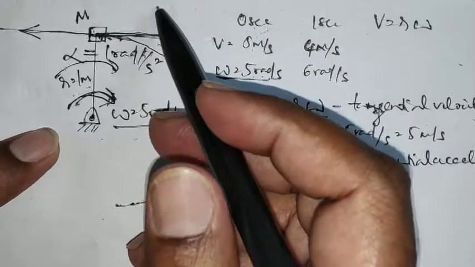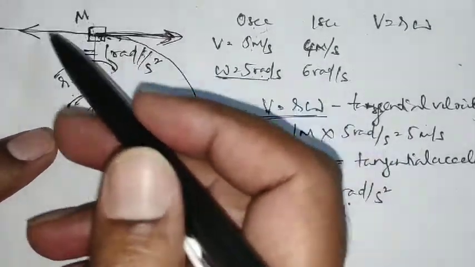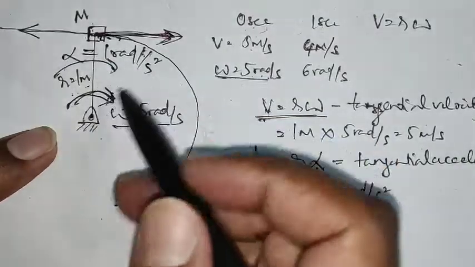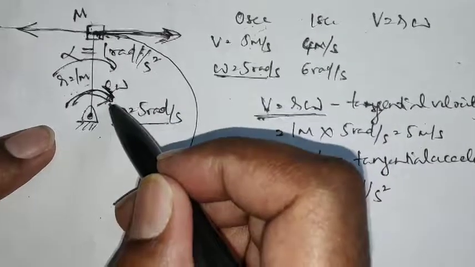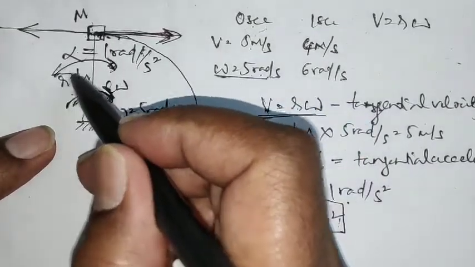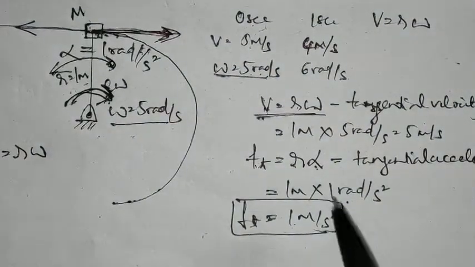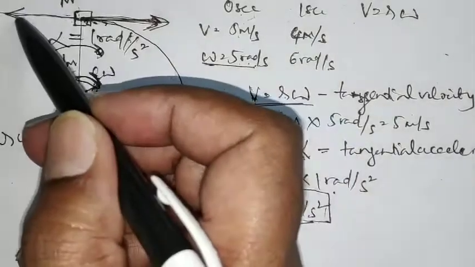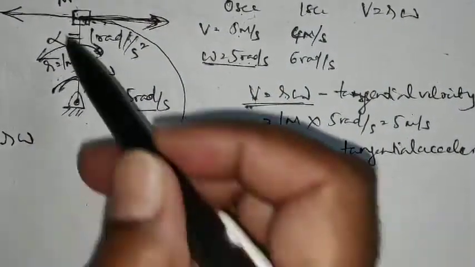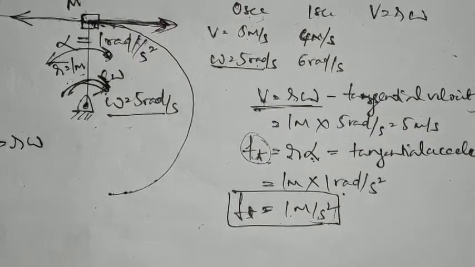Suppose they give that the angular acceleration is in the counterclockwise direction, but the angular velocity is in the clockwise direction. Then the tangential acceleration has to be drawn in the opposite direction. This has to be kept in mind when we solve any numerical. So this is about the tangential acceleration.